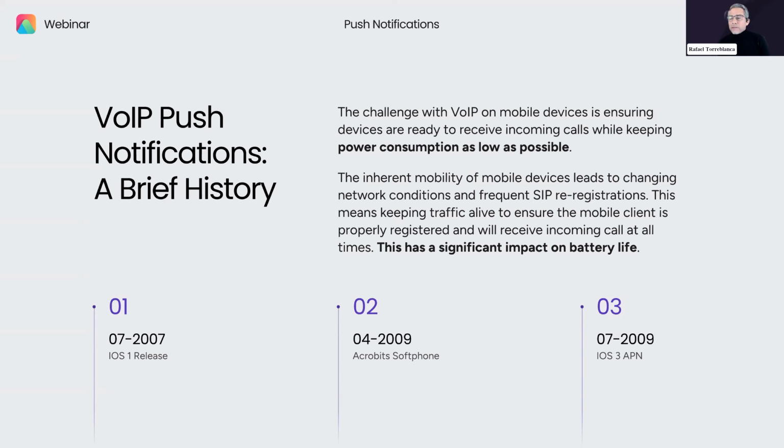So one of the biggest challenges on mobile devices at that time was that, first of all, multitasking wasn't existent. And the second part is that when you have phone calls, it's easy to place a phone call, but to receive them, you need to tell your SIP infrastructure, basically your SIP registrar, where you are, so that you can receive that call.